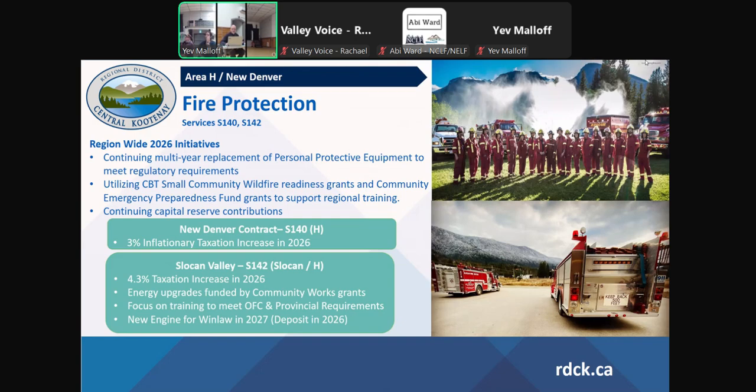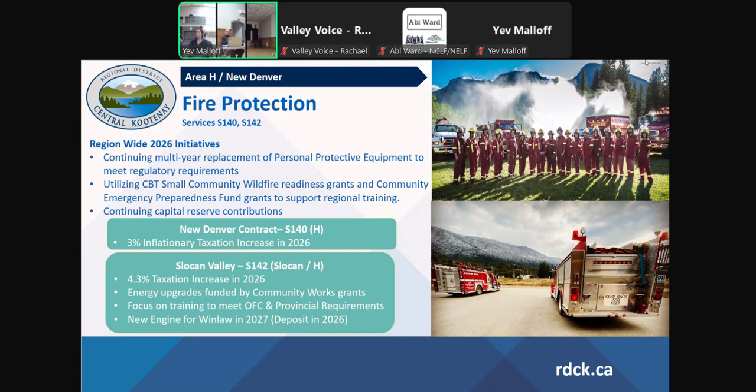All right, next we have fire protection services, area H and New Denver. So area H is a regional district provided fire service, but this is Slocan and area and south. I put it in this presentation just in case there's any Slocan residents here.